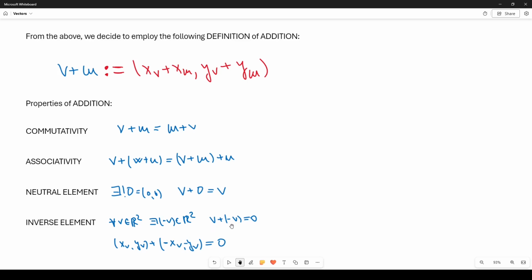So if you go V plus that inverse element, you just get 0. So in this case, since we're dealing with ordered pairs, if you just take an arrow V, which is equal to this ordered pair over here, and if you just add this ordered pair with minus xv and minus yv, then you would just get 0, 0. So you would get the 0 arrow. So that's addition.